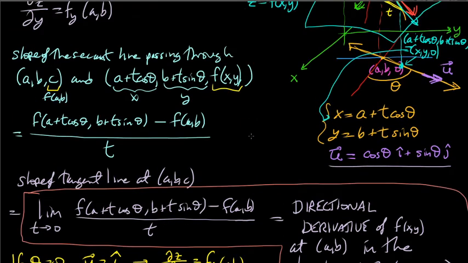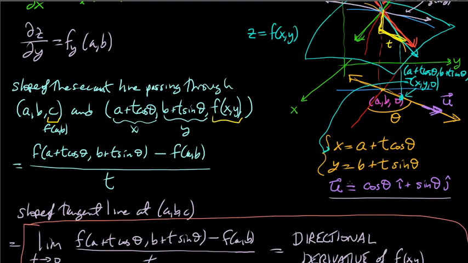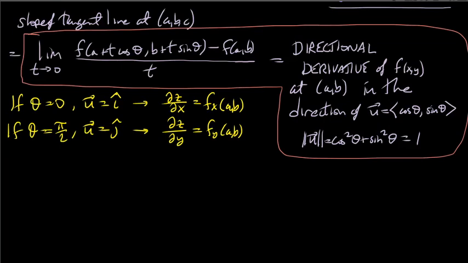But it does give you the intuitive idea that what you're looking for is essentially rise over run. This is the rise, this is the run, and so it is the slope of the tangent line in a particular direction. Hopefully it's intuitive, and it's also just the definition.